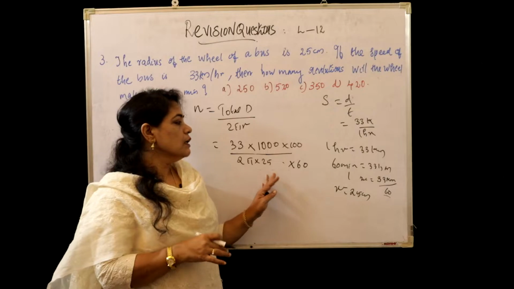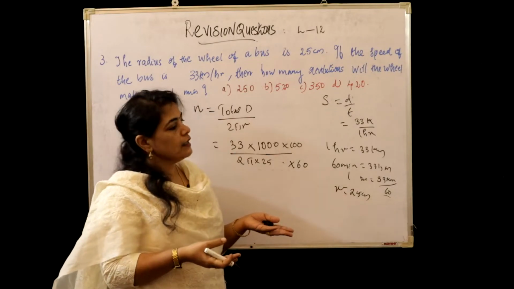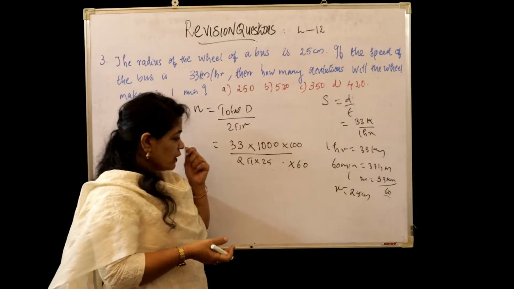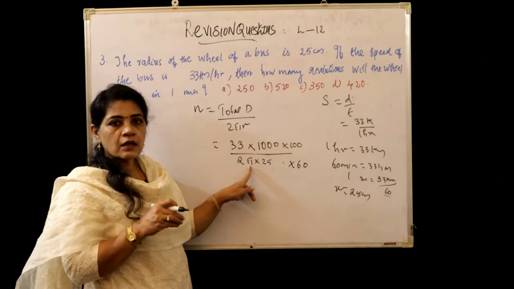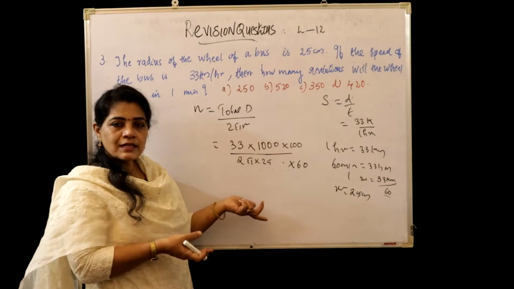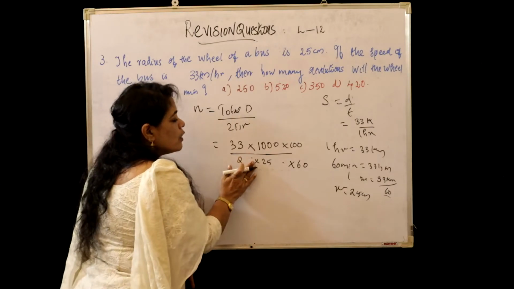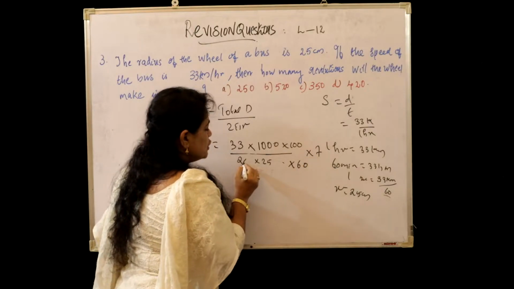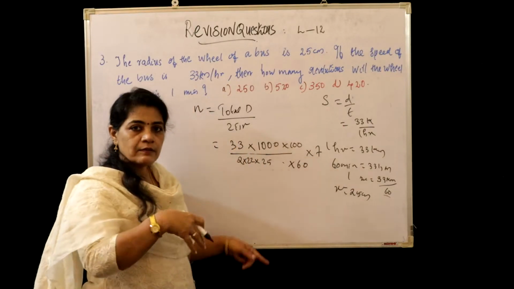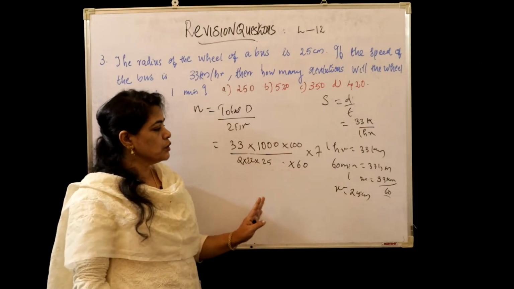Now we can simplify for the final answer. Here one more substitution is needed. Pi comes in the denominator, so if you substitute 22 by 7, you have to take the reciprocal. So here comes 7 and here 22. 22 by 7 being in the denominator, it becomes 7 by 22.